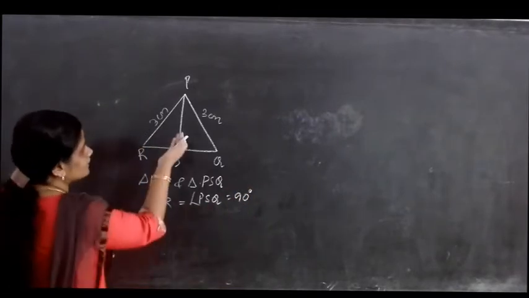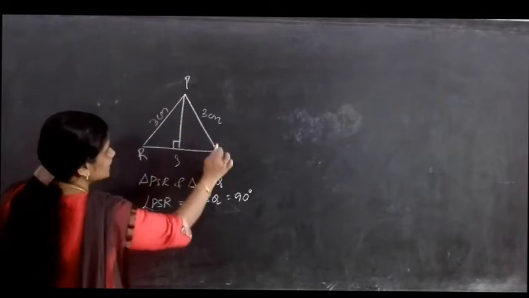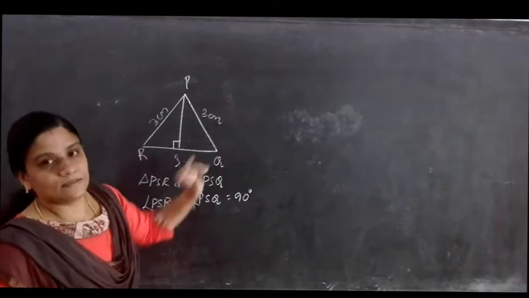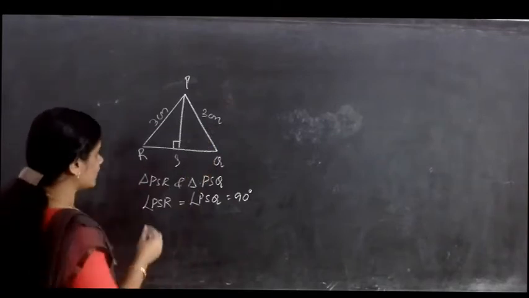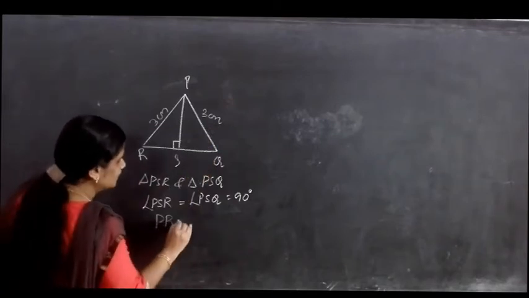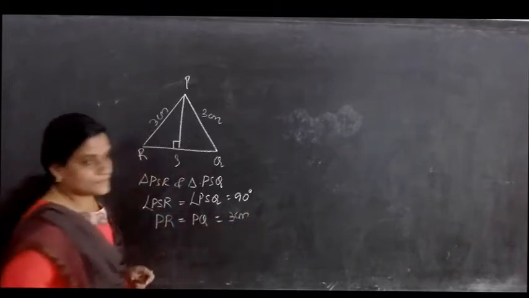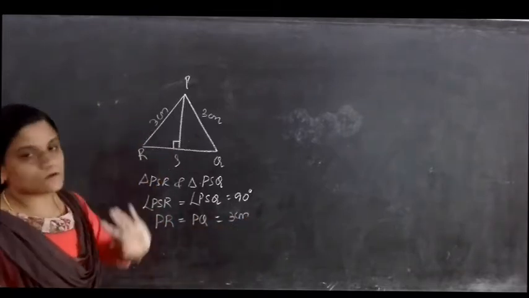And what about the hypotenuse? PR and PQ are the hypotenuses of those two triangles. Are they equal? Yes. So we write PR is equal to PQ is equal to 3 centimeters.